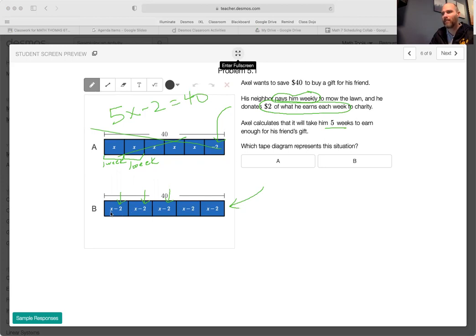For B, I see x -2 plus x -2 plus x -2 plus x -2 plus x -2. So I'm going to put x -2s in parentheses.